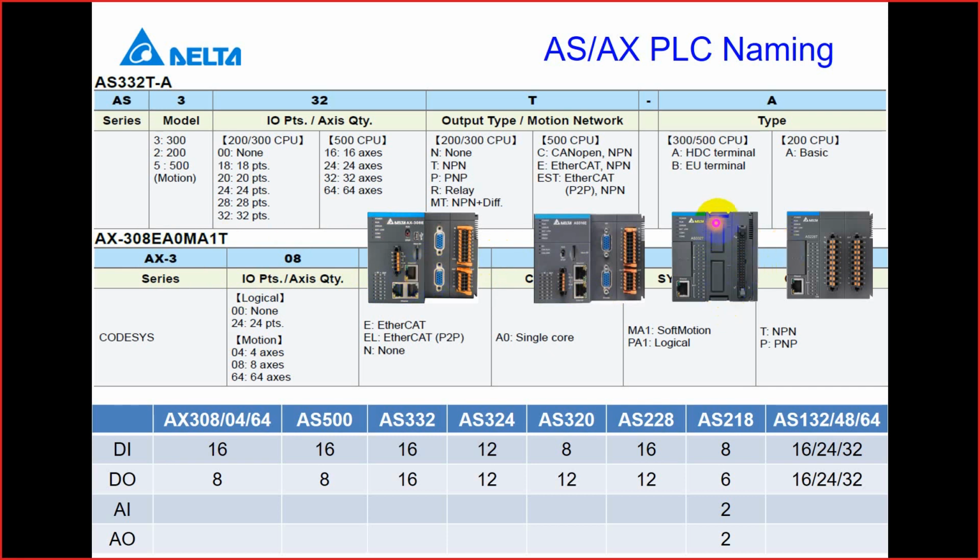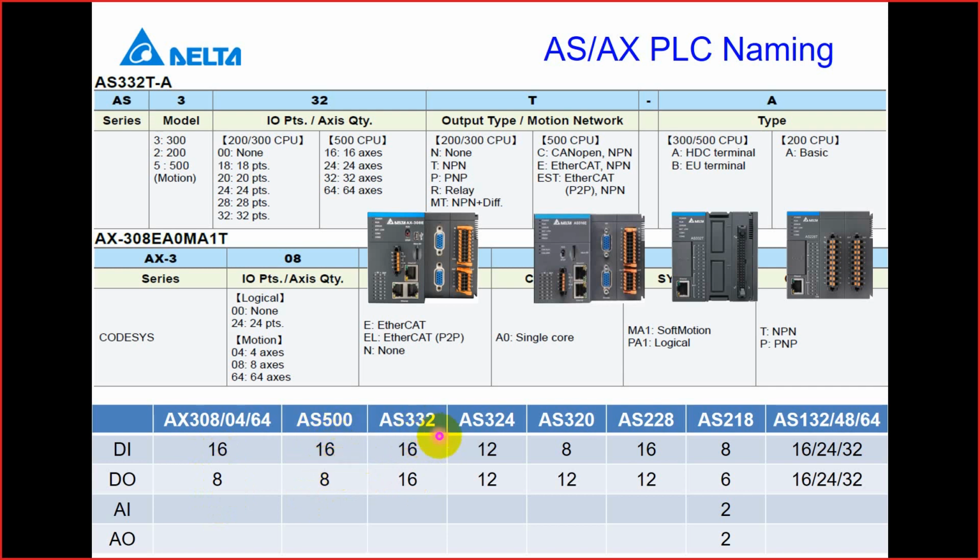And 300, 200 already mentioned, so I won't mention again. So here, just let you know that the built-in I/O for all series for AS3 built-in 16 digital input at output. Also same for AS500 series.